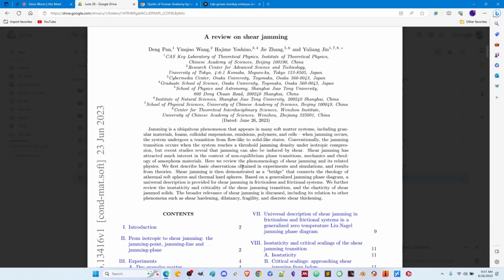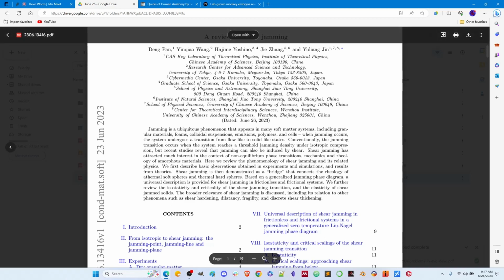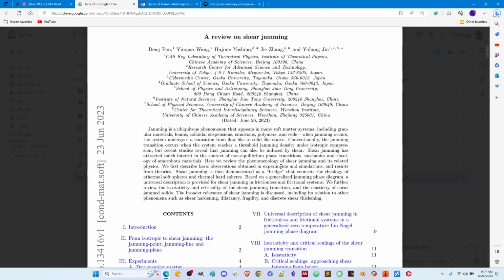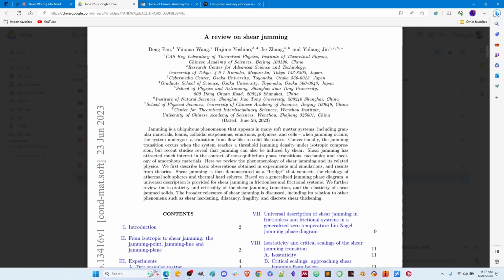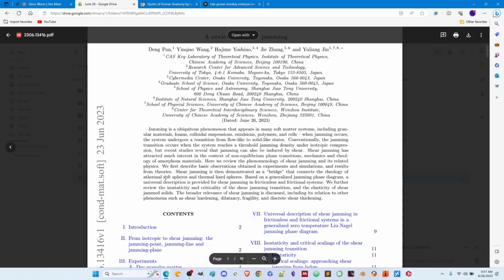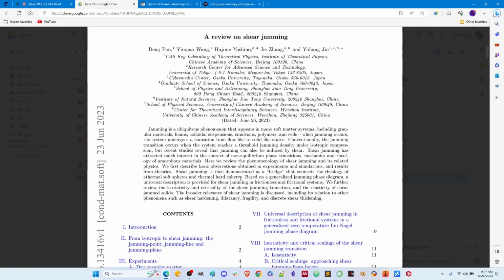Here we review the phenomenology of shear jamming and its related physics. We first describe basic observations obtained in experiments and simulations, and results from theories. Shear jamming is demonstrated as a bridge that connects the rheology of athermal soft spheres and thermal hard spheres.